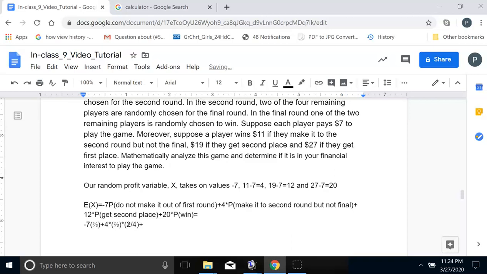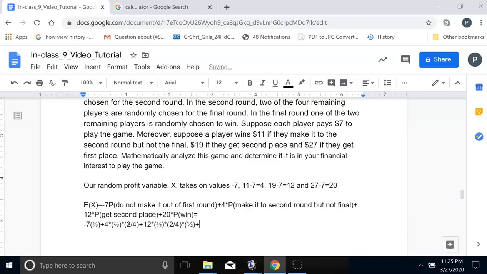Plus 12 times the probability you get second place. That means you made it out of the first round, 2 out of 5, and you made it out of the second round, it's 2 out of 4. And you lose, so you're not chosen as the winner, there are only 2 left, so there's a 50% chance you aren't chosen.